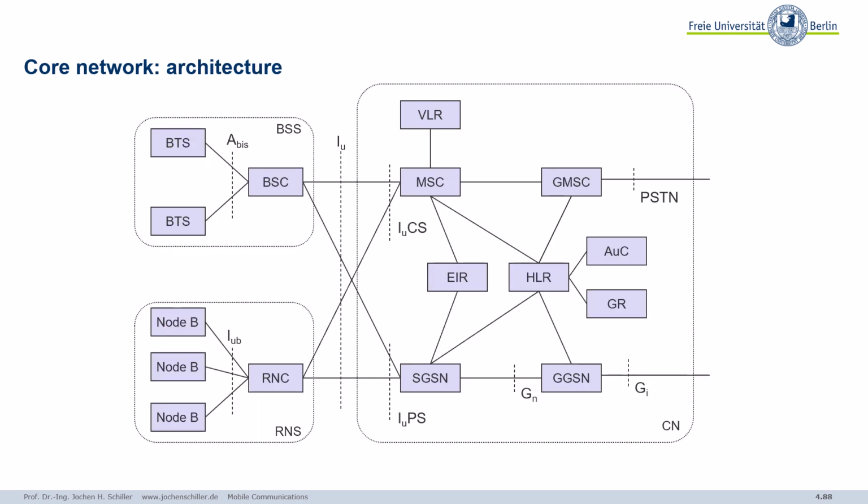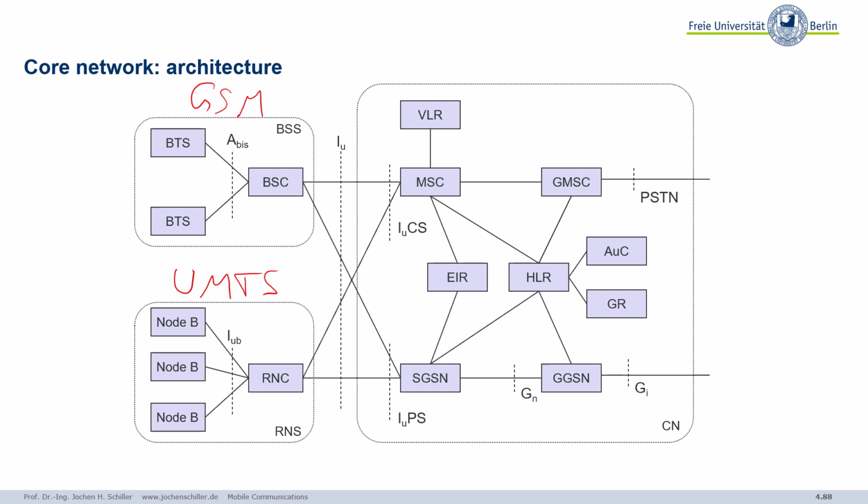Furthermore, here you see the integration of a classical GSM radio access part, the BSS, and the UMTS radio access part, the radio network subsystem, with the BTS and the Node Bs, the BSCs and the RNCs. But the core network is identical. So there's no difference. You can use the same components.